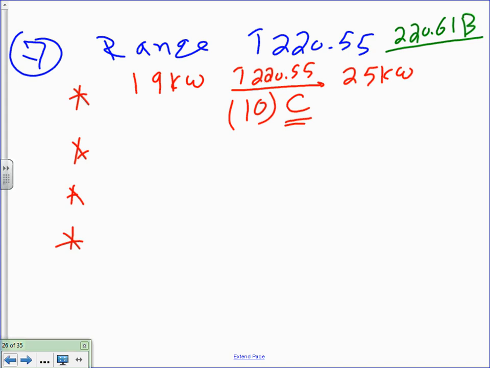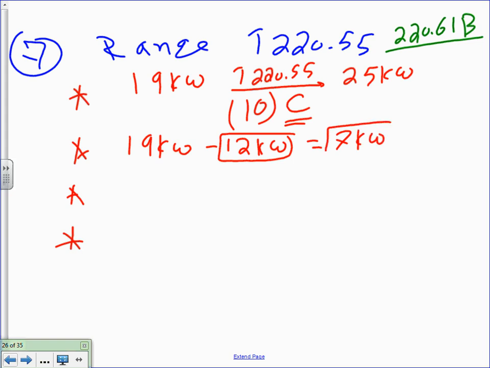Then you guys remember, for every kW more than 12, I have to increase the demand by 5%. So here's how we do it. I take the 19 kW minus 12 kW. This 12 is from the table. That will give me 7 kW.